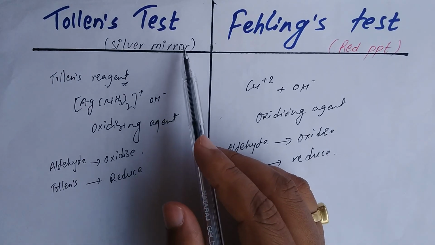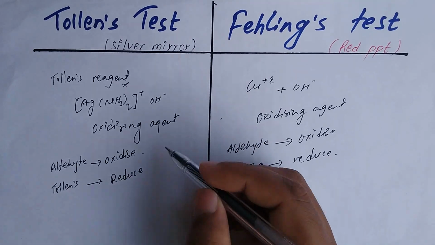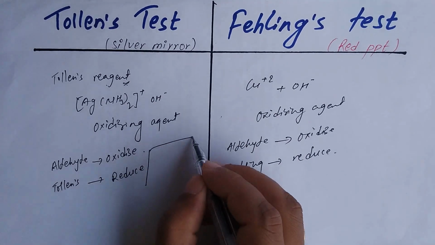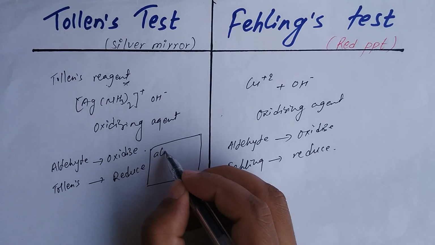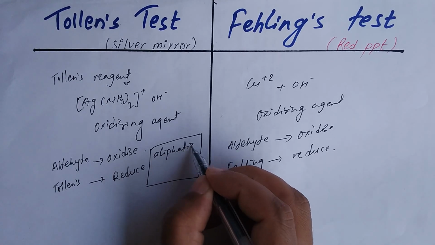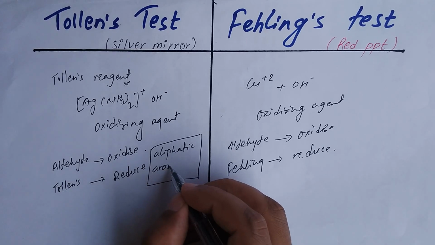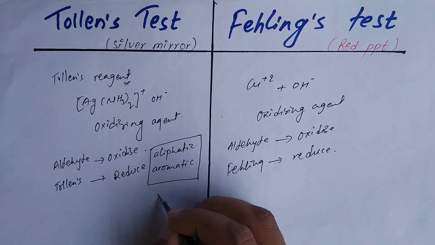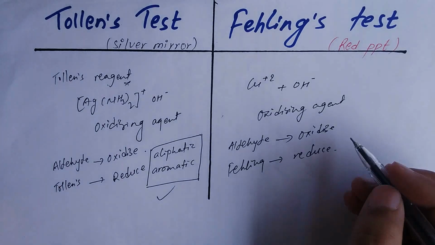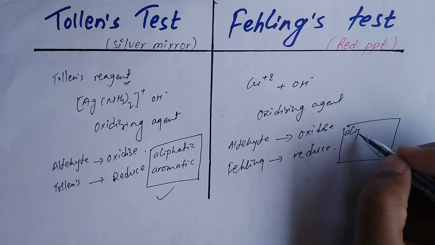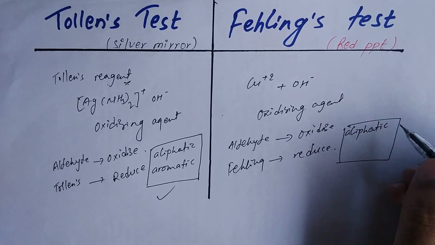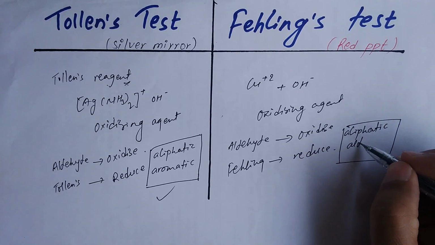The difference between the Tollen test and Fehling test is that Tollen test is given by both aliphatic and aromatic aldehyde, but Fehling test is given only by aliphatic aldehyde.